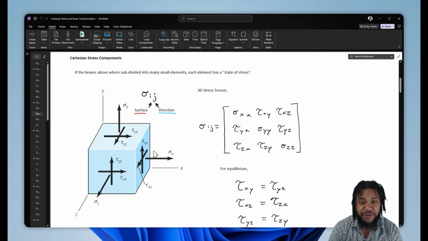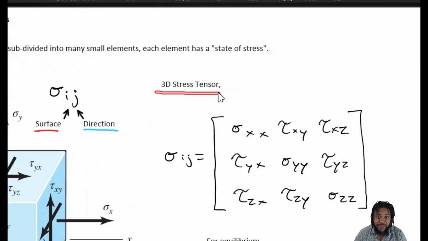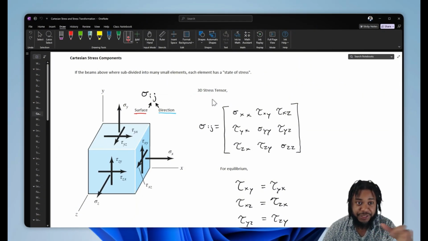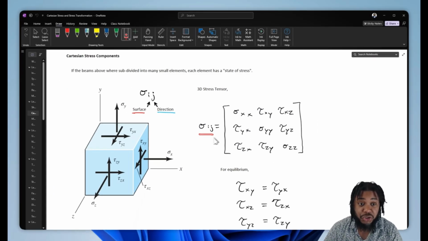And this results in what we call the stress tensor, which is the state of stress within any particular unit of a body.